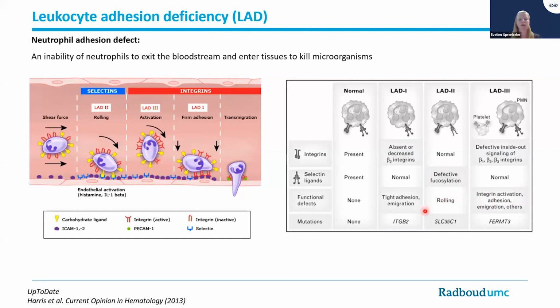In LAD 3, the beta-2 integrins, the inside-out signaling is defective, leading to impaired integrin activation. And for LAD 1, there's an absent or decreased beta-2 integrin expression caused by mutations in the integrin beta-2 gene. So these neutrophils can't firmly adhere to the endothelial layer and can't transmigrate.